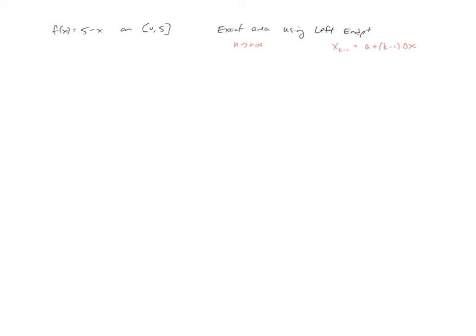Okay, so to get things started, we're going to have this limit out in front because it's exact, so we need to have the limit as n goes to infinity of the sum from k equals 1 to n of f of a plus k minus 1 delta x times delta x. Now, much like the last problem, our a value is still 0, but our delta x is going to have to be 5 minus 0 over n, right?